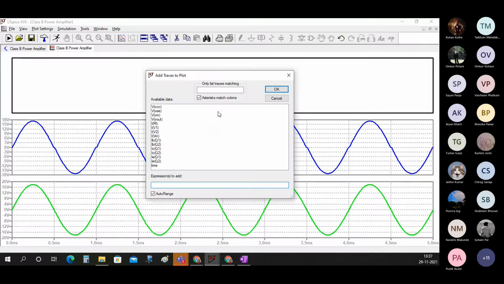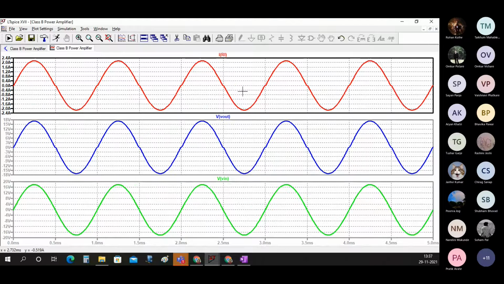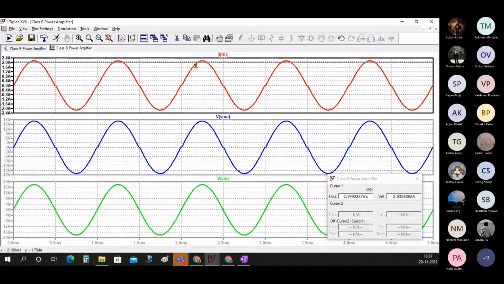I'll add trace and write IR1. If you click on this and see the maximum value here, it is 2.148 or 2.146, whatever. It doesn't matter, so I'll take 2.14.